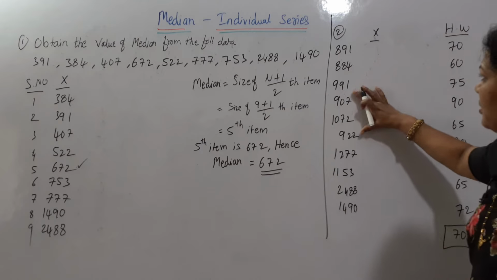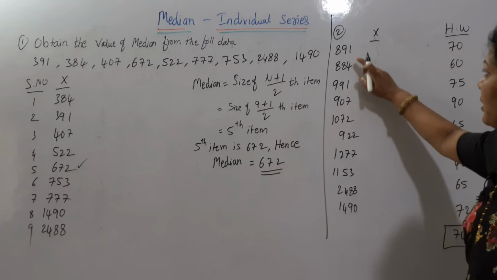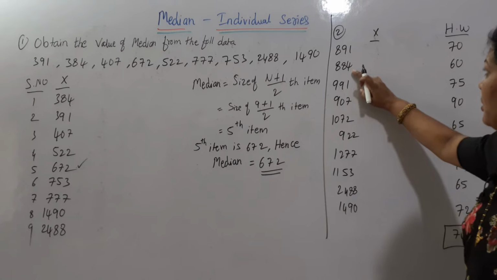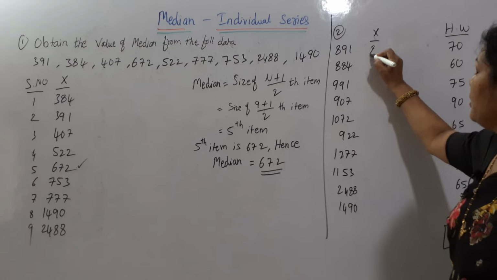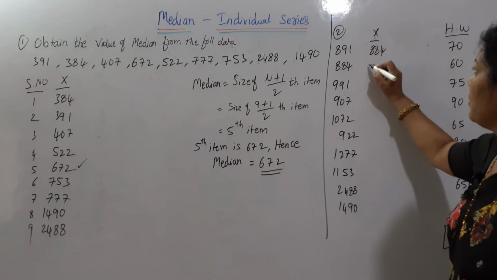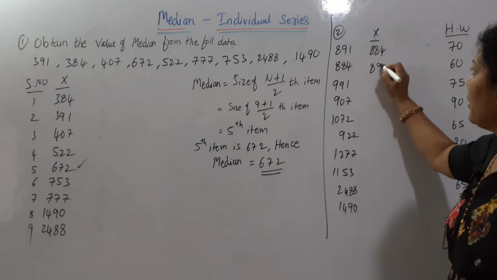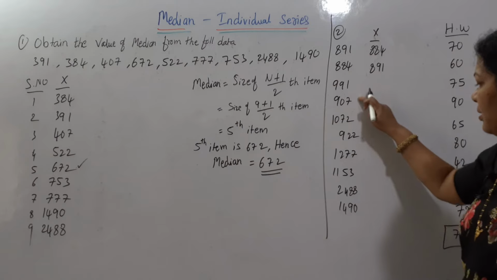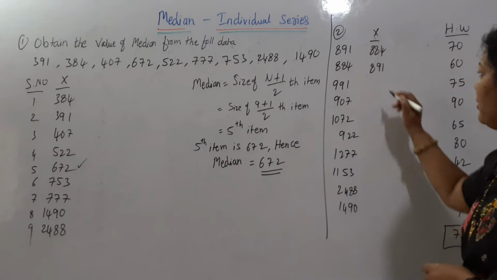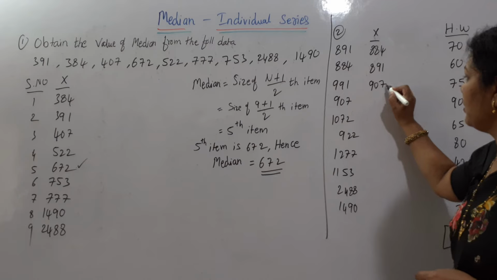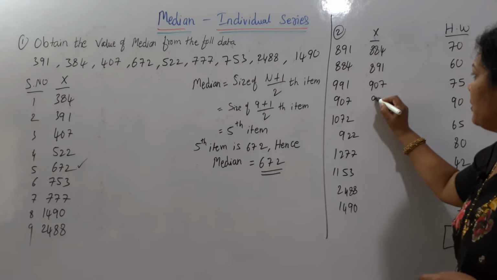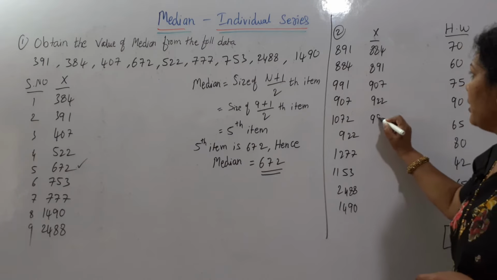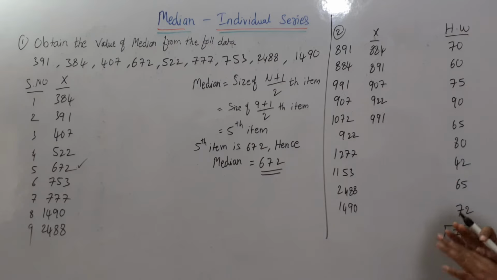900 we have 3 items. So, first 800 is also there, no? So, 800, 884, 891, then 900 we have 3, 907, 922, 991, 900s are over.